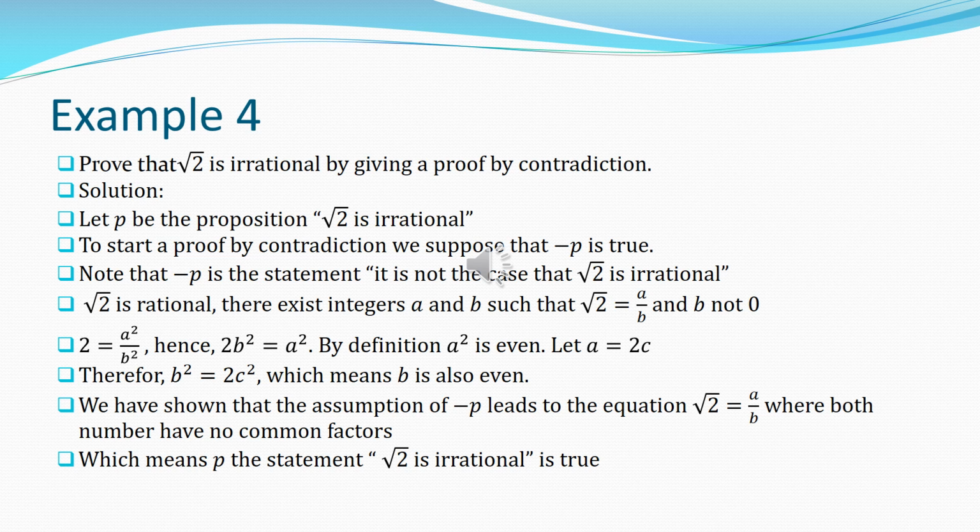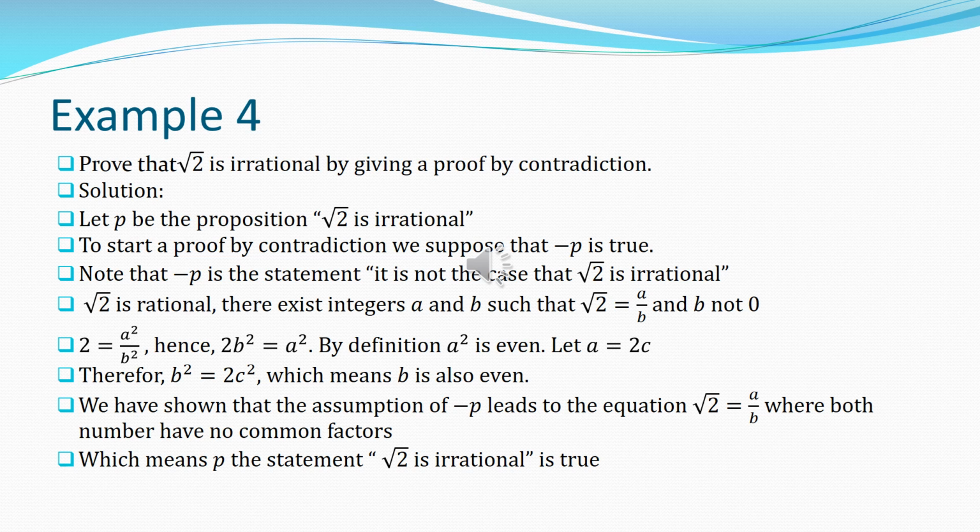So now let's assume that a is equal to 2c, and we substitute that back into the equation. And now we get that b squared is equal to 2c squared, where c here is an integer, which means that b is also even.